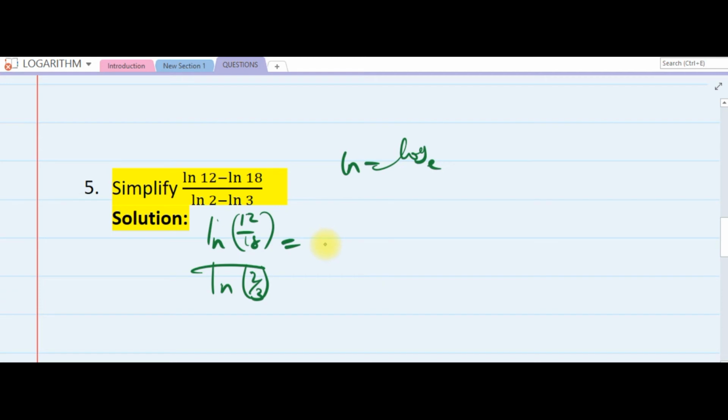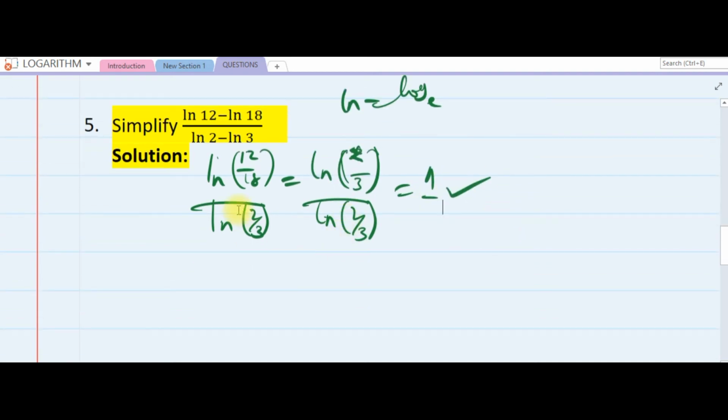Again, the same 3 can go. 3 in 12 is 4, 3 in this is 6, so this should be 2 over 3. This is also 2 over 3. So the answer is 1. So that's it. It's very, very direct. We use the second law, division, which is now subtraction.